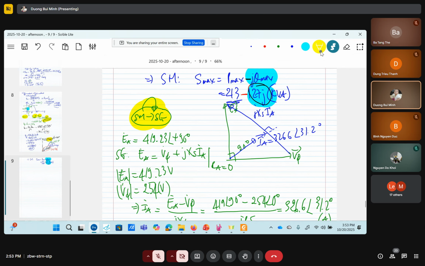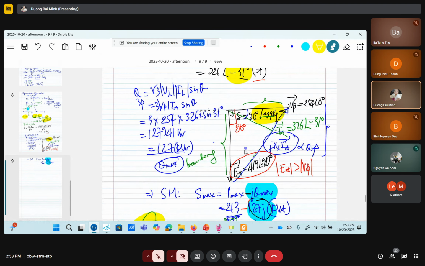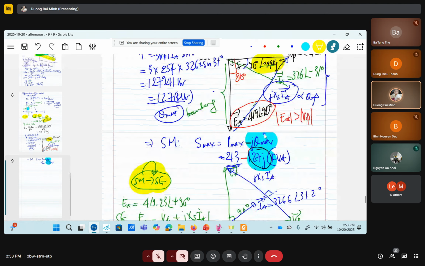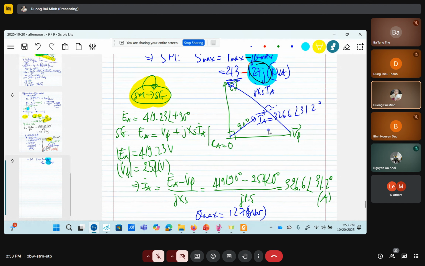So this is the meaning of this case. You know, actually, if IA is here and V phase is here, IA should be leading. But this is lagging. So we think about the synchronous motor now operating in generation mode. So now this is IA, and this is 31.2 degrees.